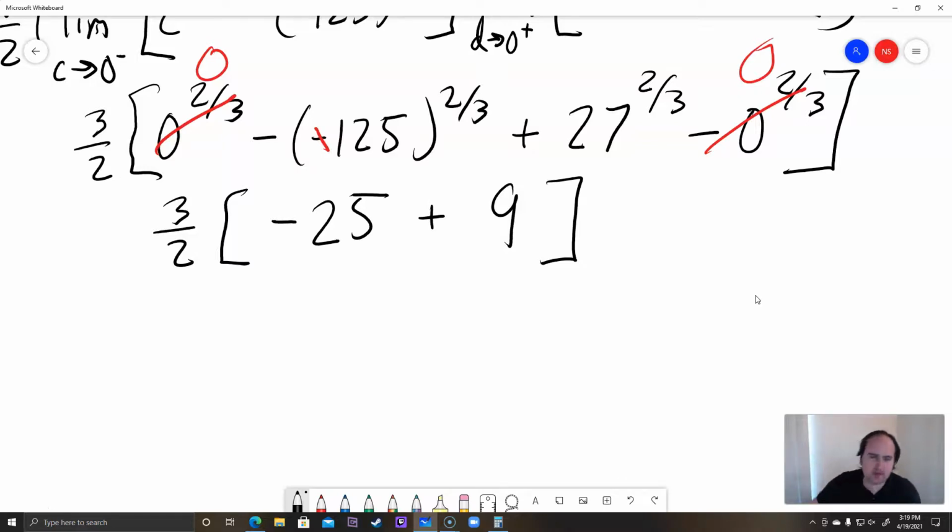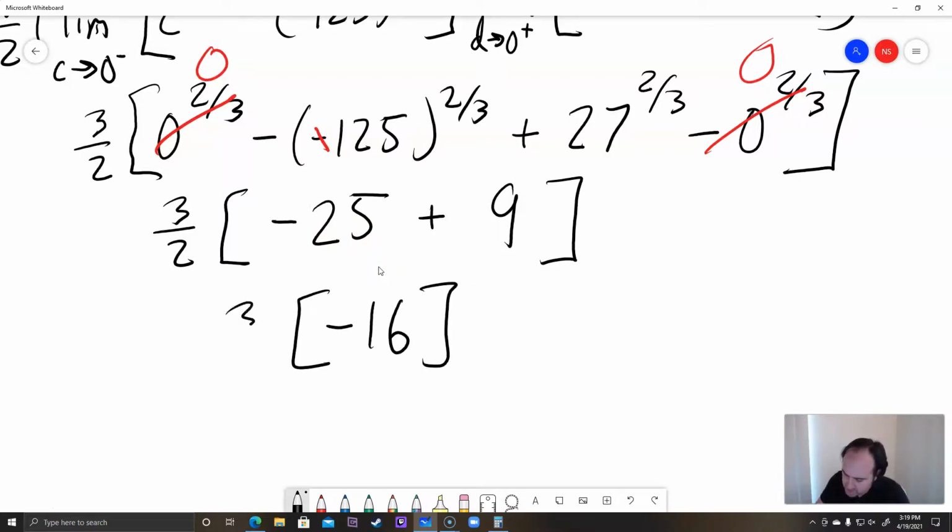But because the larger number is negative, that's going to be negative 16. Okay, so what we got here is negative 16 times 3/2. And then if we cross out the 2 and the 16, we know that 16 divided by 2 is 8. So we're going to get negative 3 times 8, which is negative 24. Okay, so our answer here is actually negative 24.